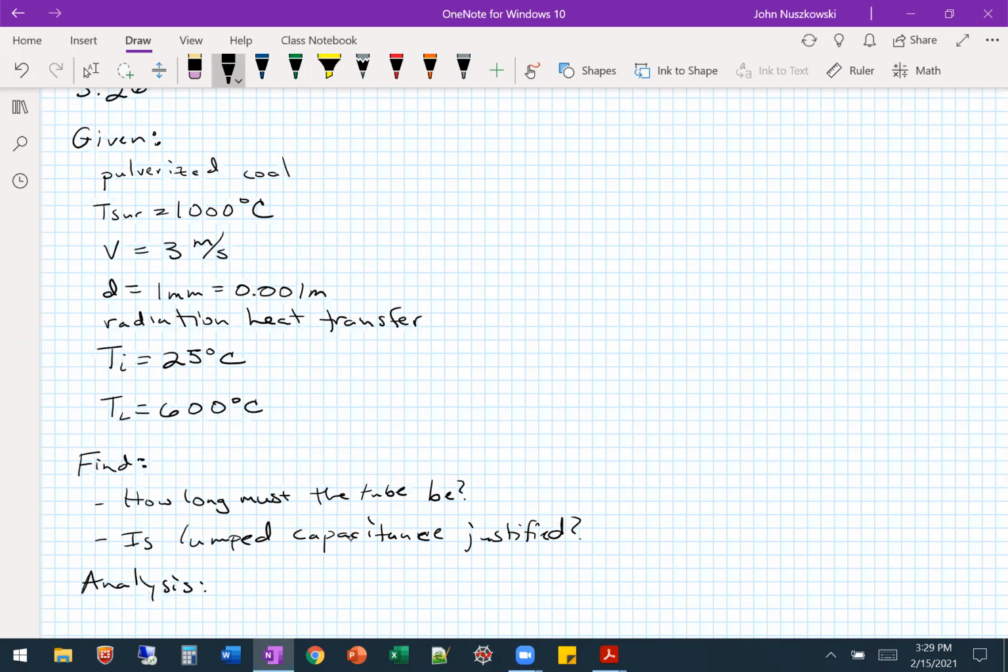Okay, so we have our schematic. We have our tube.